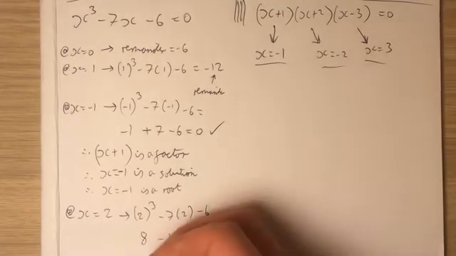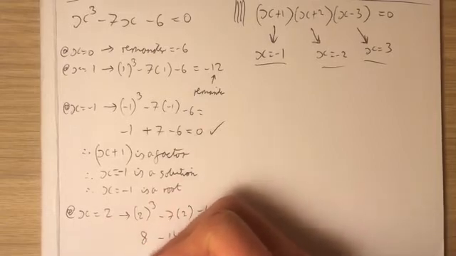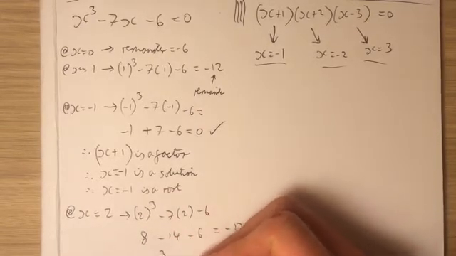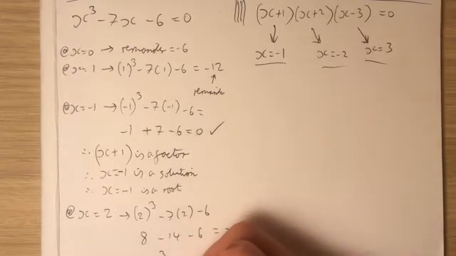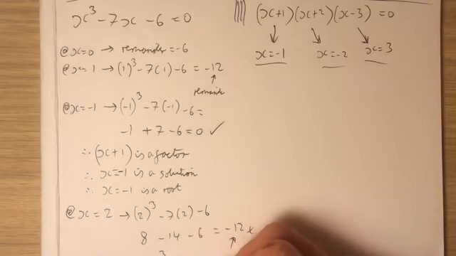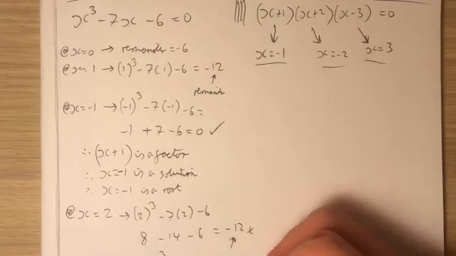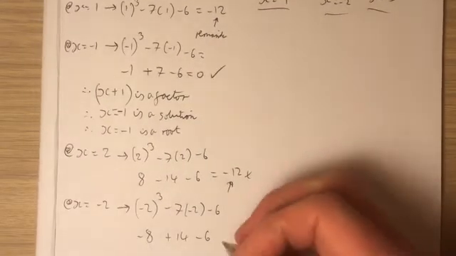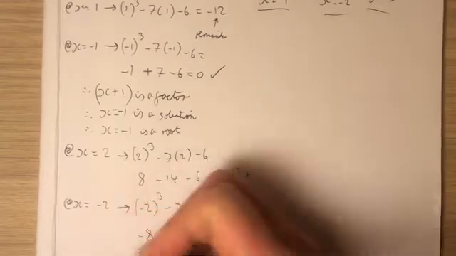Okay, let's try another one. Let's try x equals -2. What am I going to get? Negative 2 cubed, take away 7 times negative 2, take away 6. So negative 8 plus 14, take away 6. Oh, that's a good one. That works. Okay, that gives me 0. So therefore, what do I know?